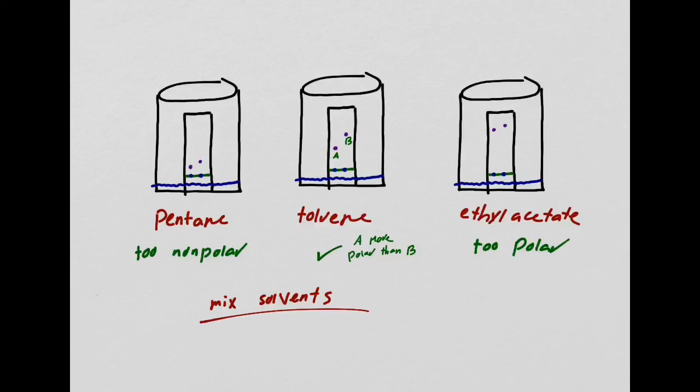For the compound polarity, the more polar the compound is, the lower the RF, and if it's a non-polar compound relative to the other one, it's going to have a larger RF value. Again, when we're talking about this RF value, we're talking about relative to each other, right? So A and B, when we compare these two together, A must be more polar than B. That's why it has a smaller RF value.